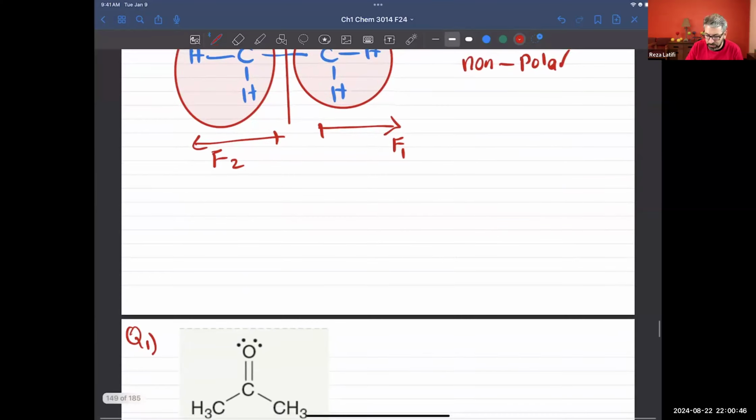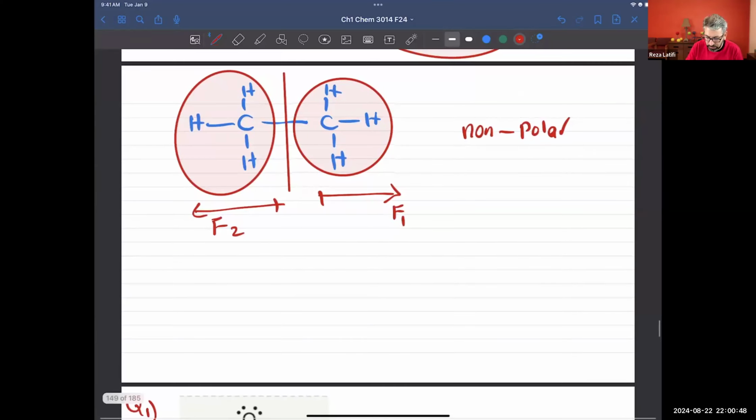What if I have more than one carbon? Let's say we have a couple of carbons between them. Say we have those.